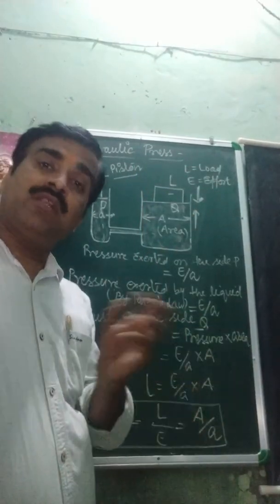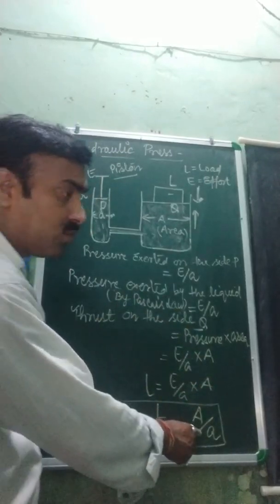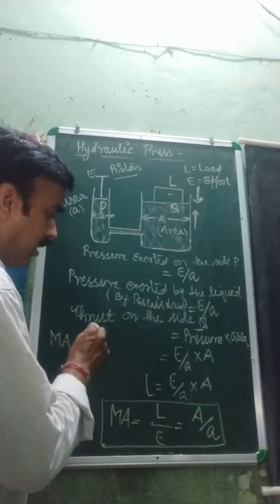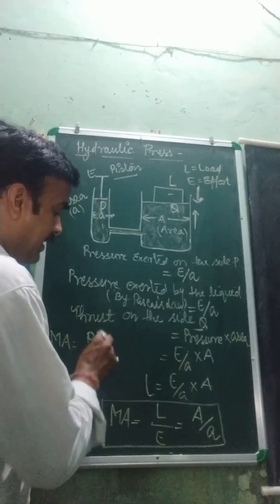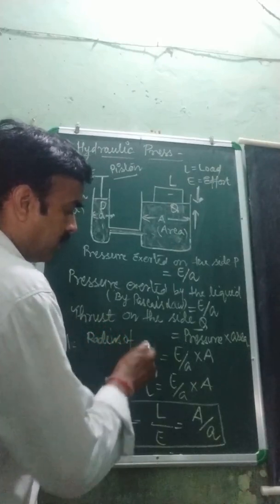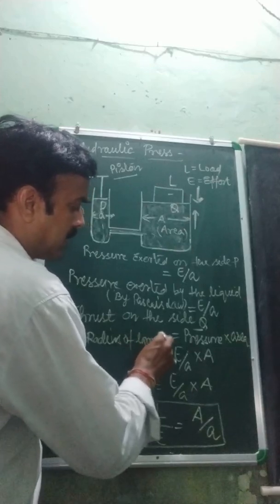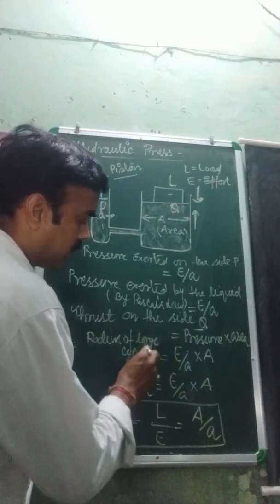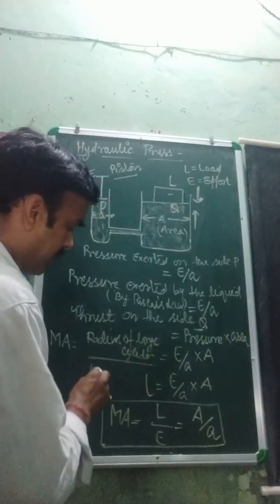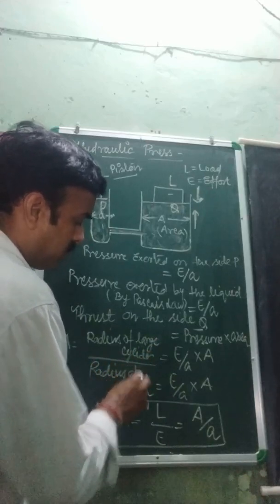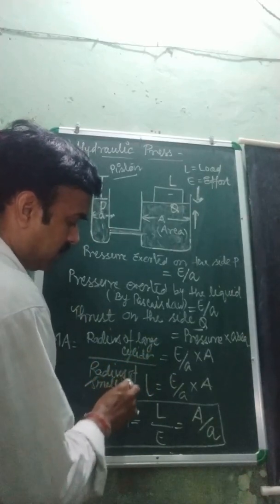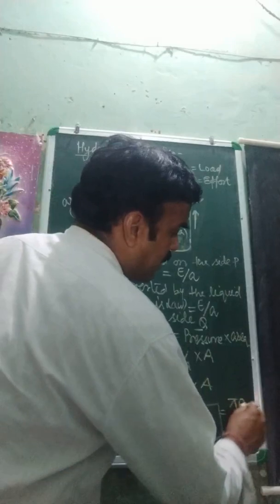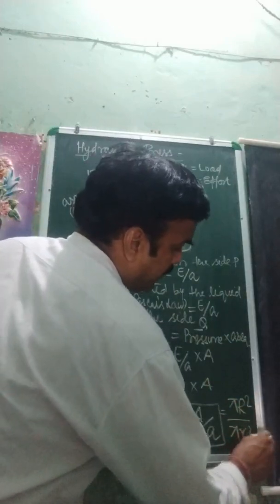We can also say mechanical advantage, since area equals pi r square, equals the radius of the larger cylinder upon the radius of the small cylinder, squared, because area is pi r square here and pi small r square there. Pi cancels out.